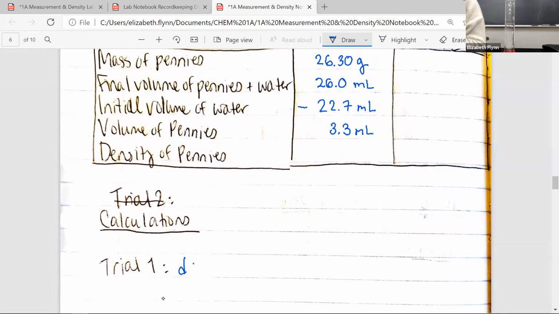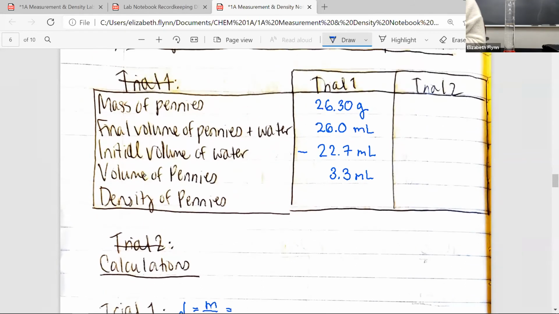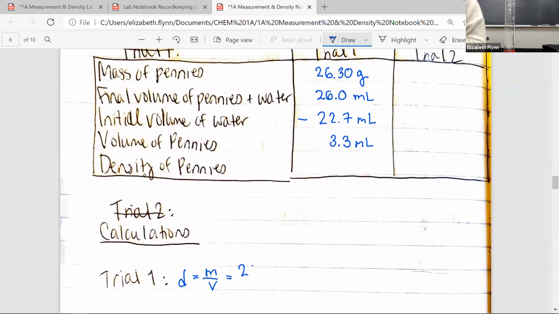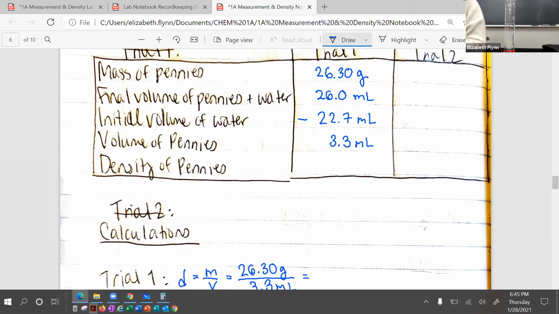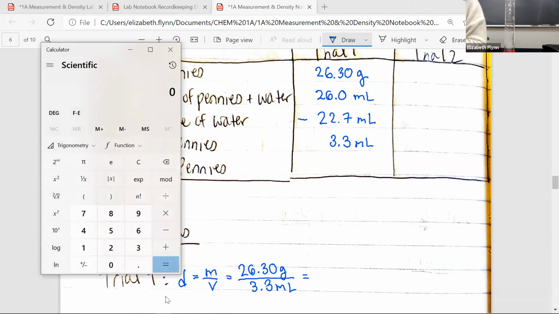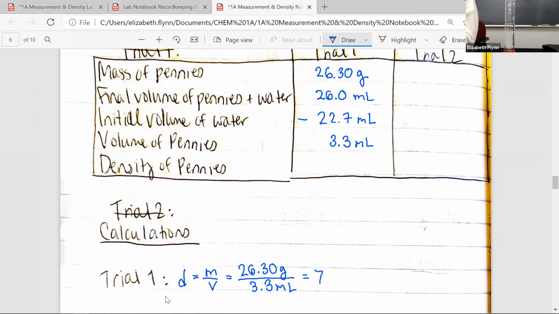And so now we've got density is equal to mass over volume. That was easier this time to determine the volume. And so we've got 26.30 grams for the pennies divided by the volume, 3.3. And so we do this math. 7.96969.